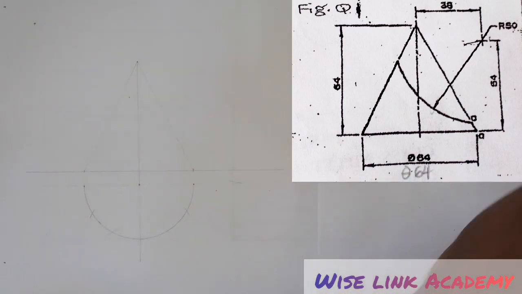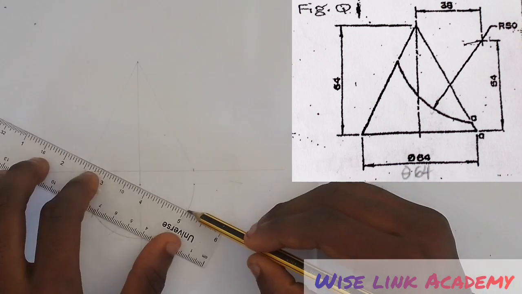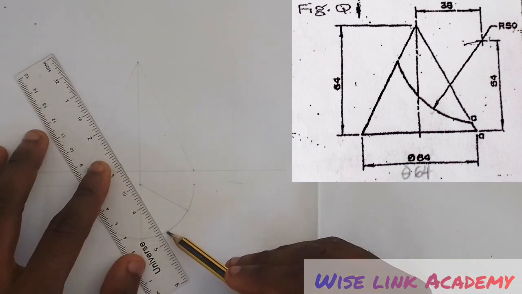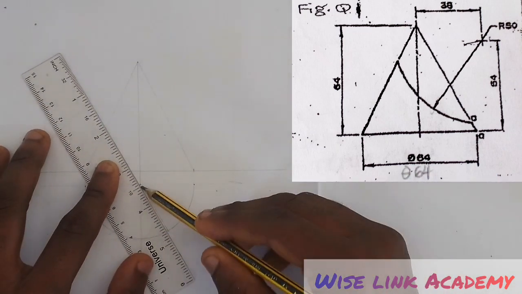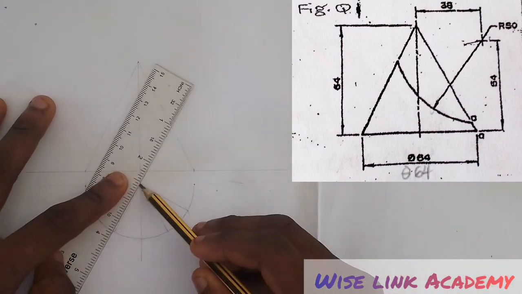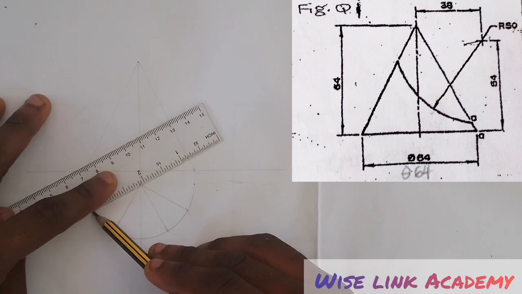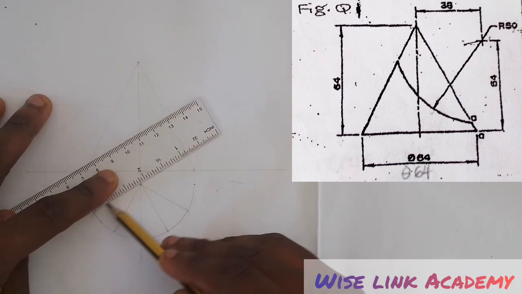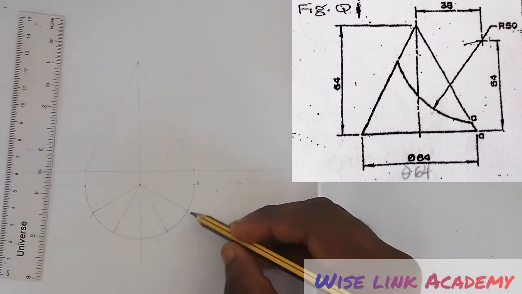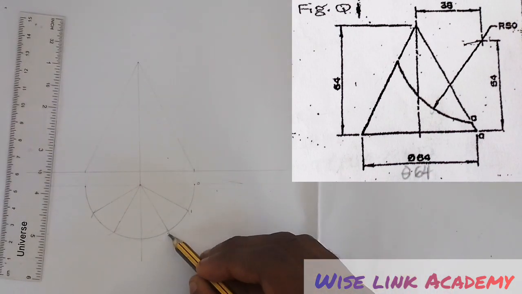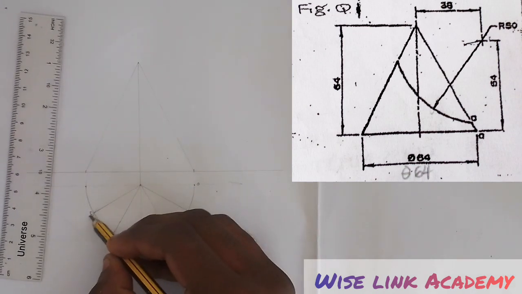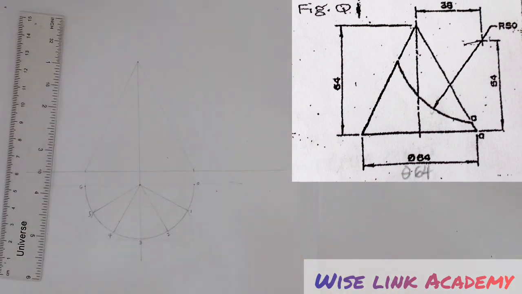Similarly, I'll take my meter rule and connect them to the center point. So I take this to be my 0, 1, 2, 3, 4, 5, and 6, right?